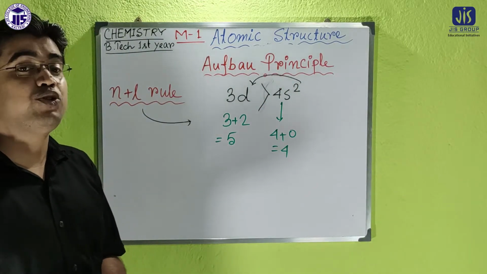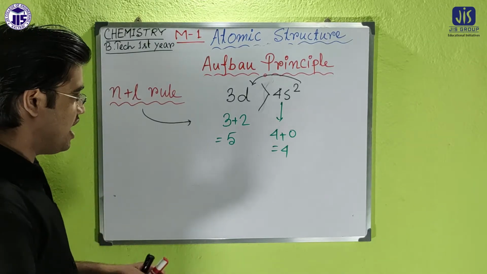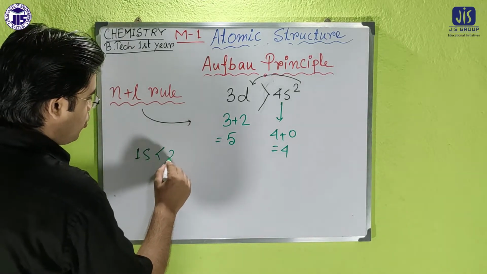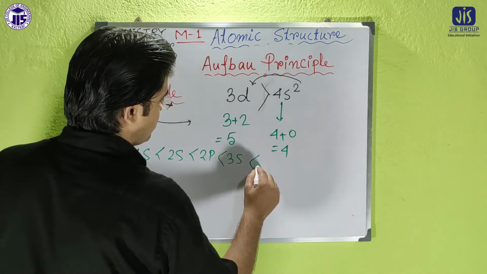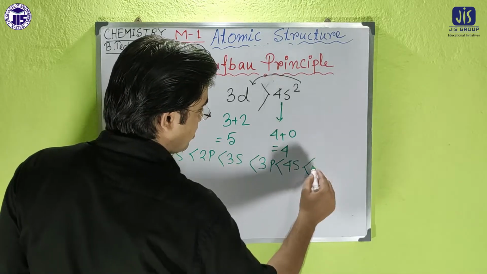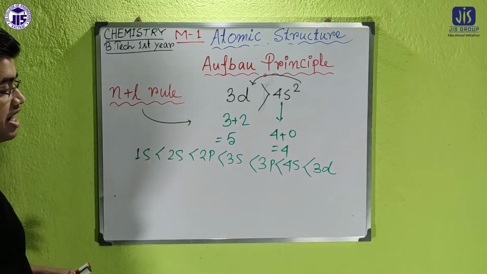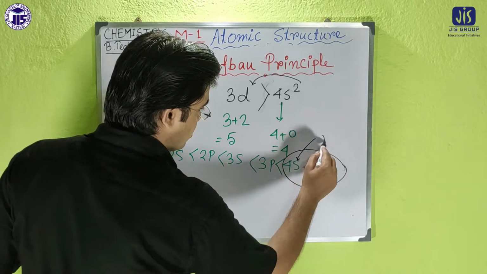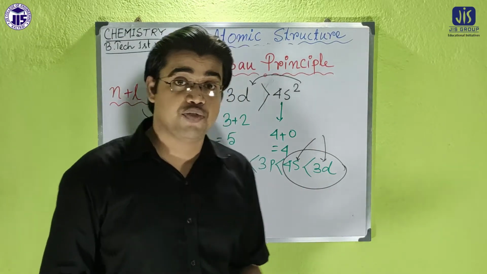Okay, so you have to keep in mind that when you are giving the electrons, if I put the order 1s, 2s, 2p, 3s, 3p, then at first 4s, then 3d. So here the fact you have to keep in mind is that electrons will come at first to the 4s, then it will go to the 3d. Okay, that is a very important point.